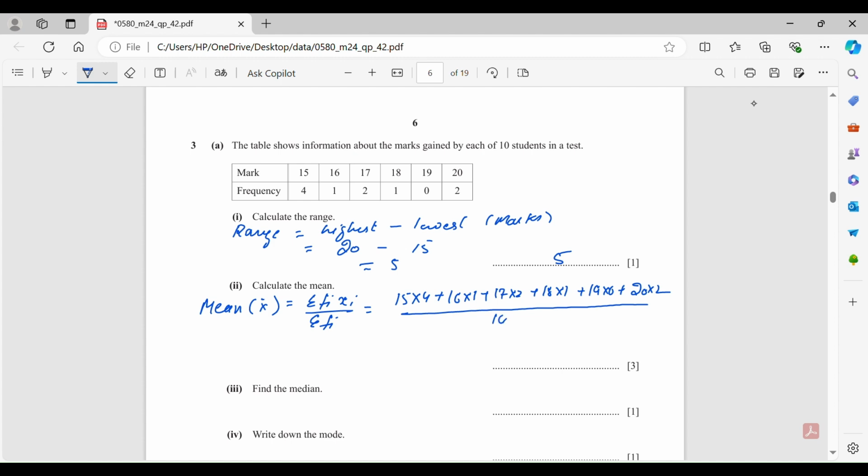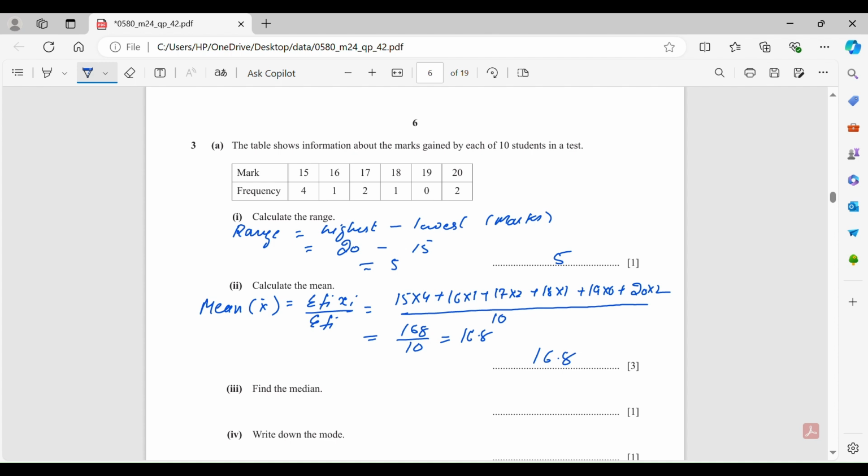So it will be equal to 168 divided by 10, which is 16.8. So our answer is 16.8.